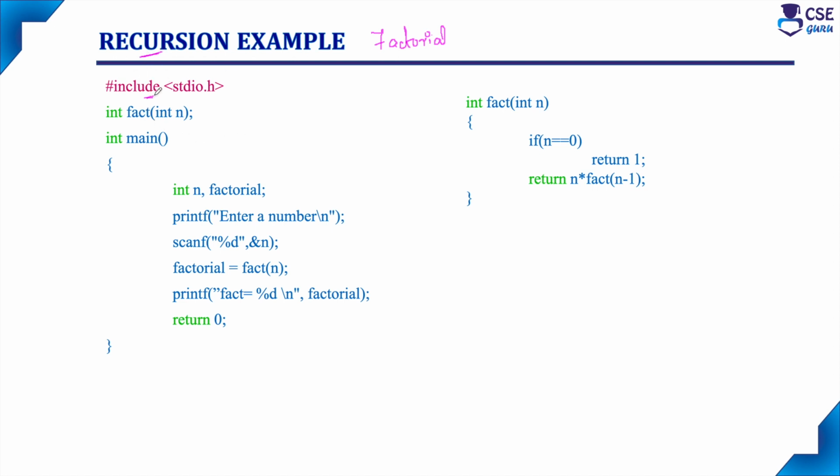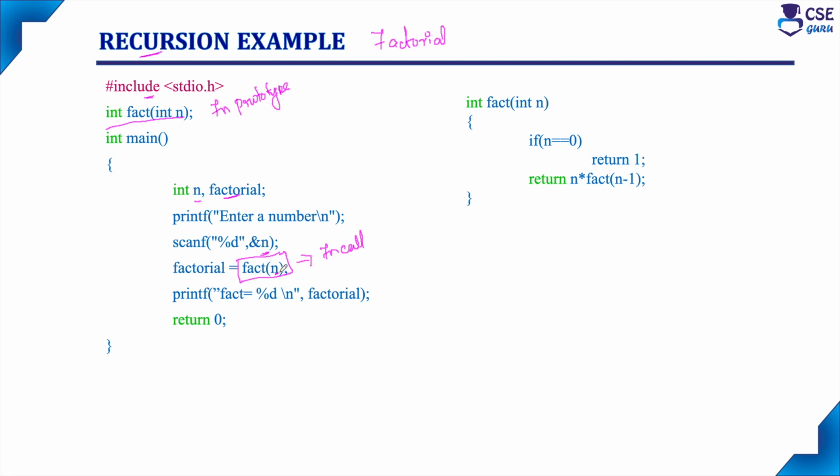So this is the header file, and this is the function prototype, that is, the function declaration. This is the main function, and inside the main function, n and factorial are the local declarations. Here we are entering the number n, and fact of n is the function call.